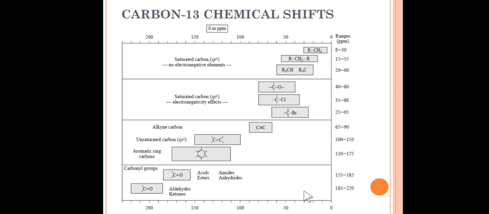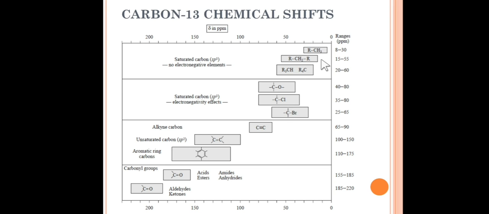Just for our reference, multiply the H1 NMR chemical shift by 20 and you will get the carbon 13 shift. It's a very rough calculation, but most of the time it comes out accurate. So it is about 20 times higher than the H1 NMR spectrum.